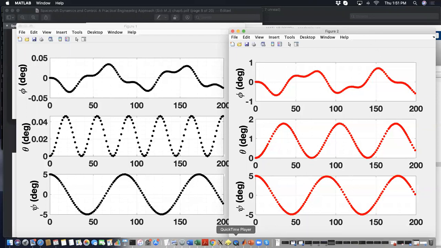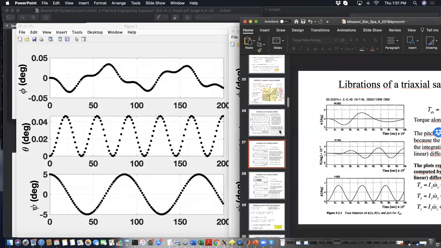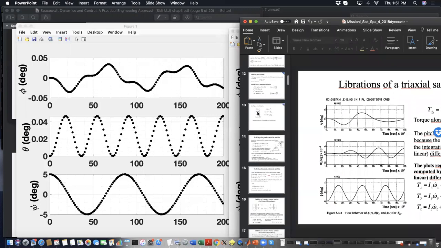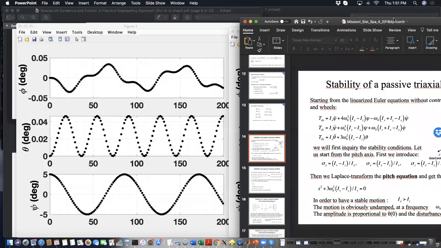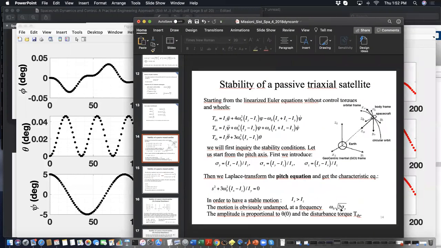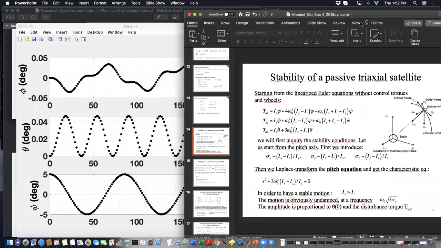If we look back at the slides, we have seen that indeed the frequency directly depends on sigma y. That's the reason why if you have a larger Ix, you can compute that by varying the moment of inertia, you're going to have different frequency in your system response.